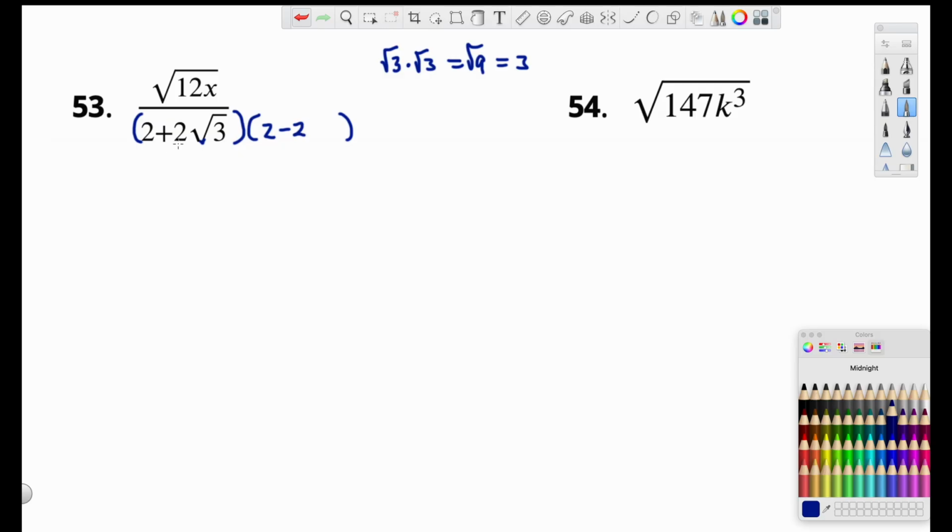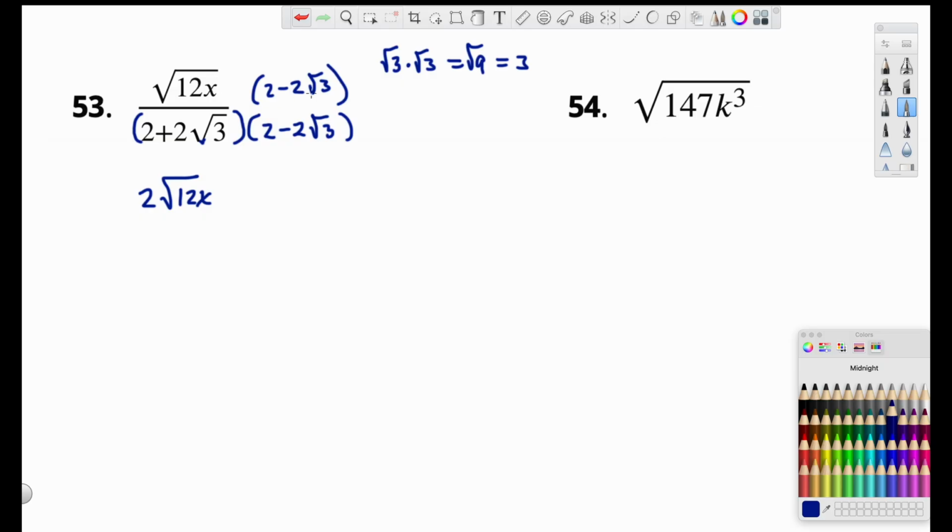So I'm going to write 2 minus 2 root 3, and when I do my FOIL on this, we'll see the middle terms cancel. We've done a couple of the examples already, but I'll just do the numerator right here. So root 12x times 2 would be 2 root 12x.